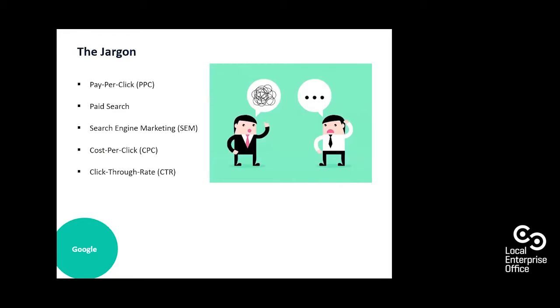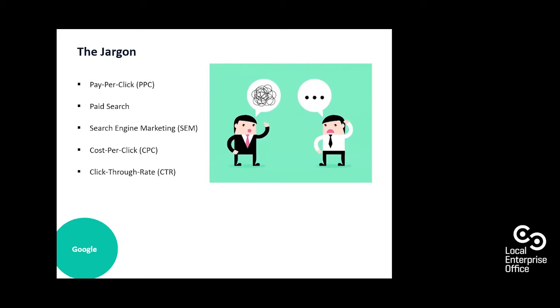Just in terms of some of the jargon, and we don't necessarily need to get too worried about that. PPC is pay-per-click, so we're paying for the person to visit the website. Paid search is pretty much the same thing. Then there's search engine marketing versus SEO, search engine optimization. Sometimes these are used interchangeably, but basically when we talk about search engine marketing, we're talking about paying for people to visit our website.